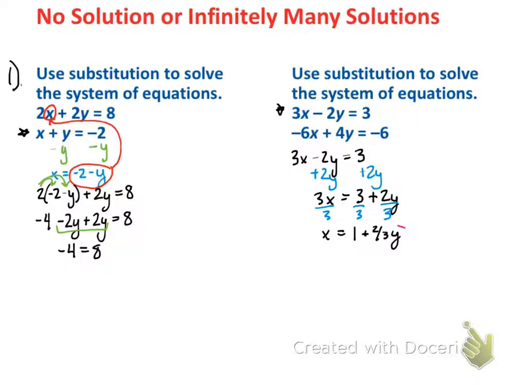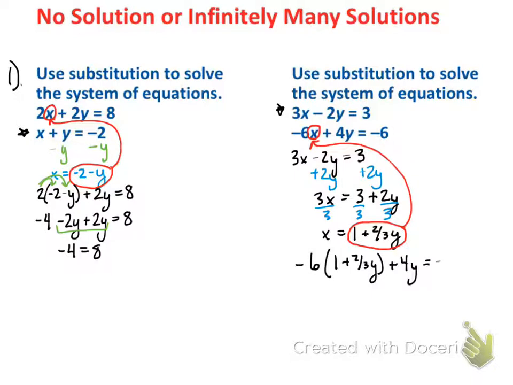Okay, so I figured out what x is. So that means I'm going to plug in this instead of x. So that means I have -6(1 plus 2/3 y) plus 4y equals -6. Whew, that's a doozy. All right, let's distribute.